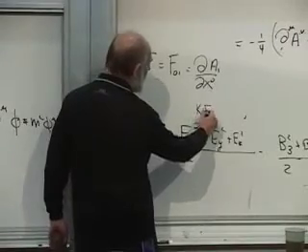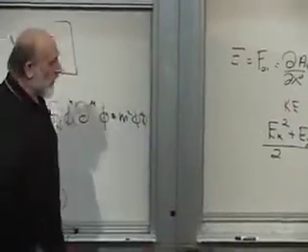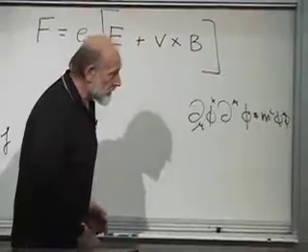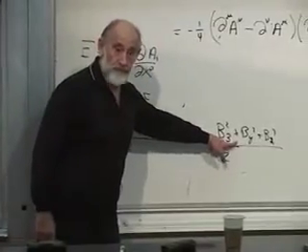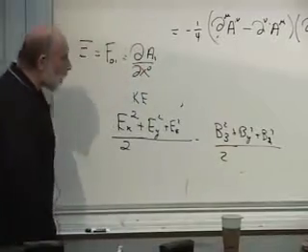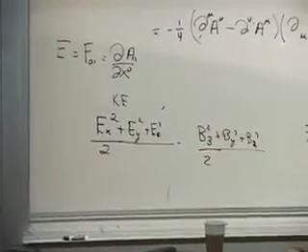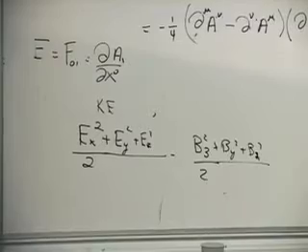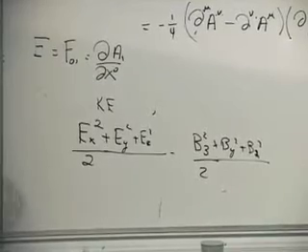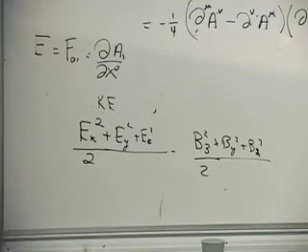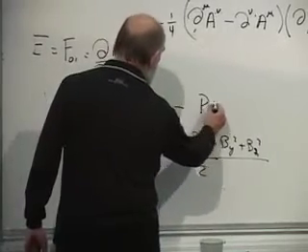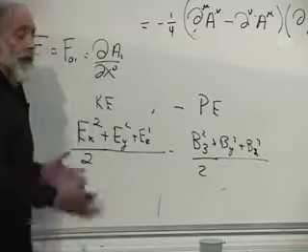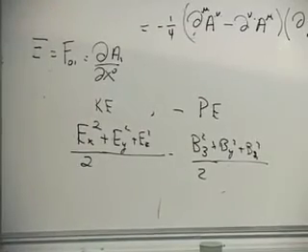Now, when I say kinetic energy, I just mean it contains time derivatives squared. The magnetic field contains no time derivatives. Things which don't contain time derivatives we think of as potential energy. So this has the form of kinetic energy minus potential energy. That's exactly the way Lagrangians are supposed to look.